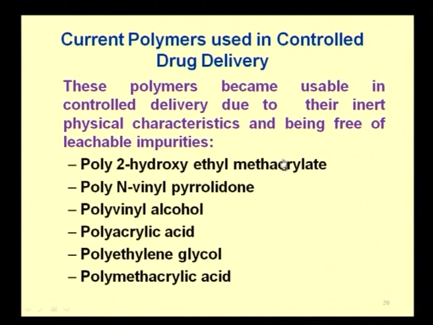Based on this requirement, following are the different polymers selected for controlled drug delivery systems: poly 2-hydroxyethyl methacrylates, poly N-vinyl pyrrolidone, polyvinyl alcohol, polyacrylic acids, polyethylene glycol and polymethacrylic acids. Most of these polymers undergo easy hydrolysis in order to have either bulk erosion or surface erosion to release the drug outside them.